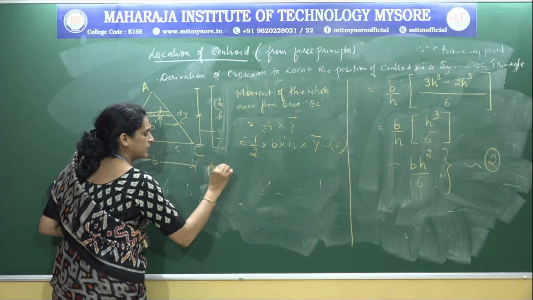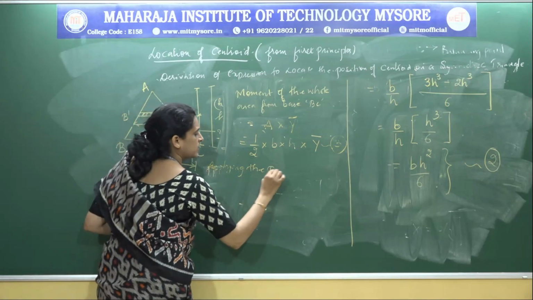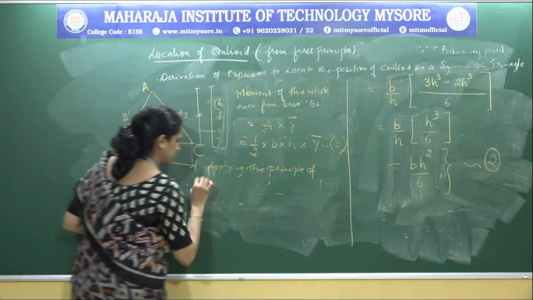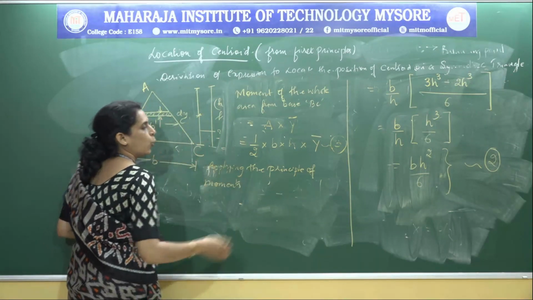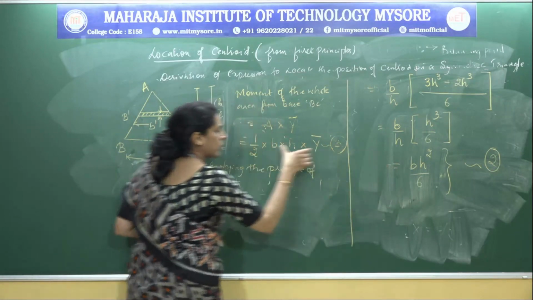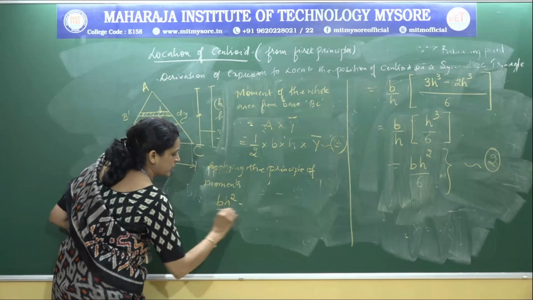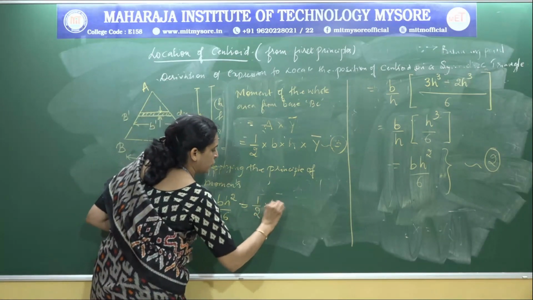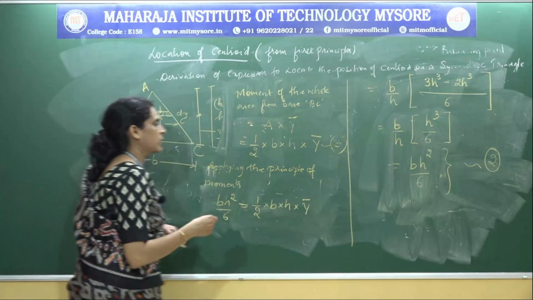Now applying the principle of moments, we shall equate equation 2 and equation 3. BH square by 6 is equal to half into B into H into y bar.